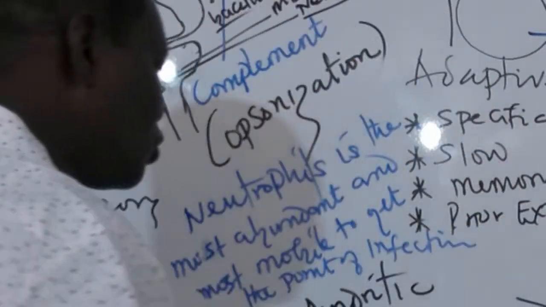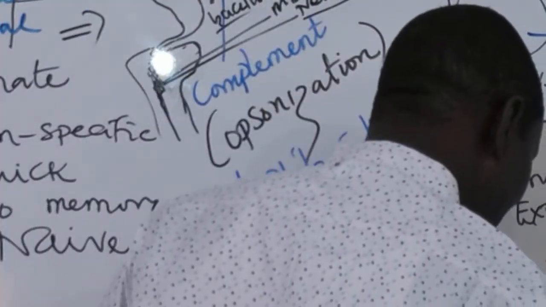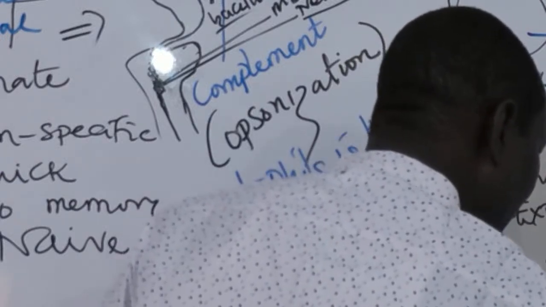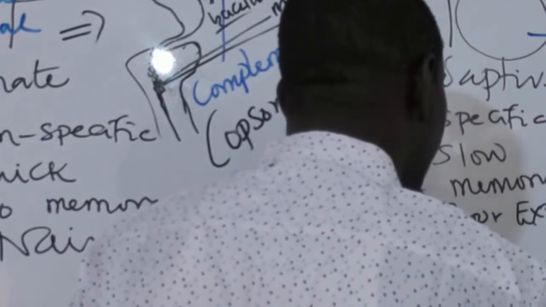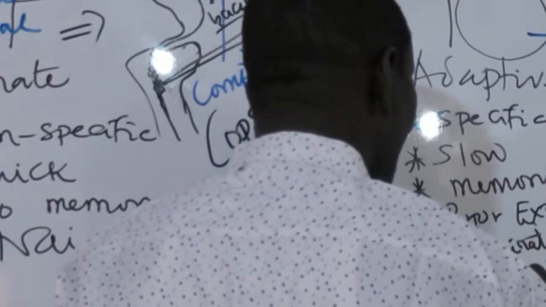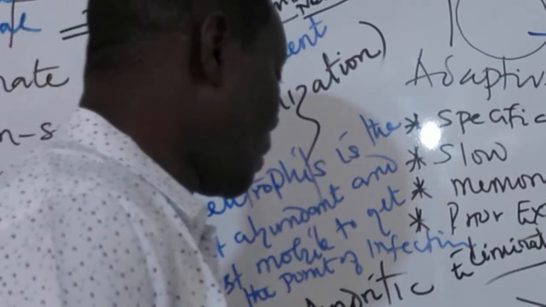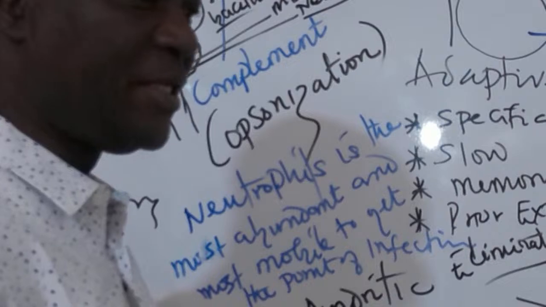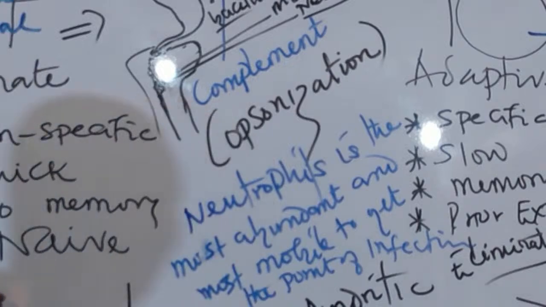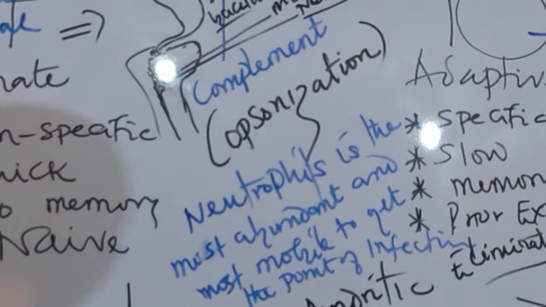The last 5% are those whose immune system, the macrophages, will be able to deal with it, and the immune system is going to clear or eliminate the TB from the lungs, and the person will not go down with TB.